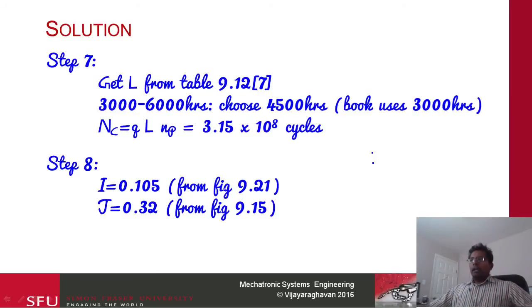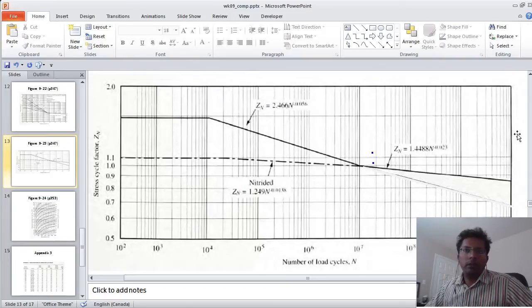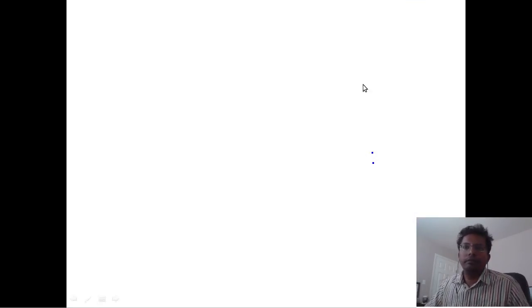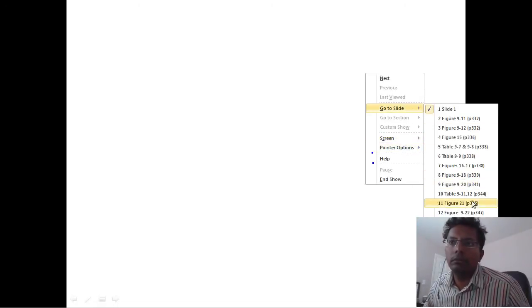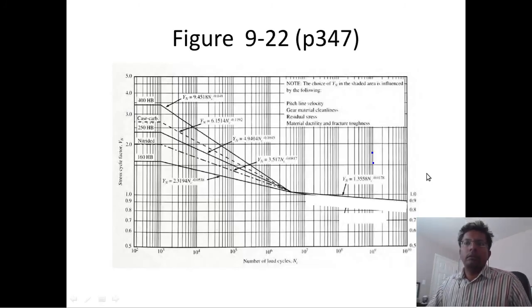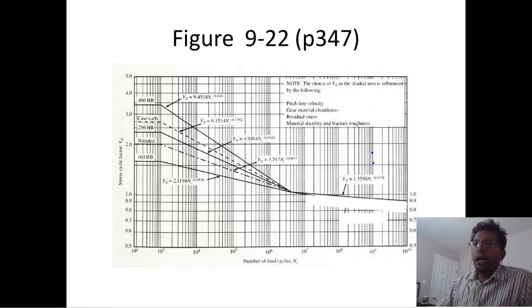Next we calculate YN and ZN. YN comes from figure 9.22 and ZN comes from figure 9.23. Let's take a quick look here. I scanned this from an older version of the book, and the newer version doesn't have some of this, so I blacked out some of the stuff.